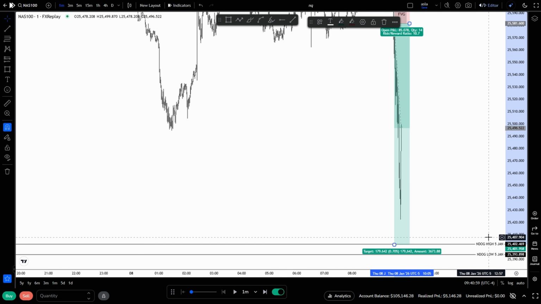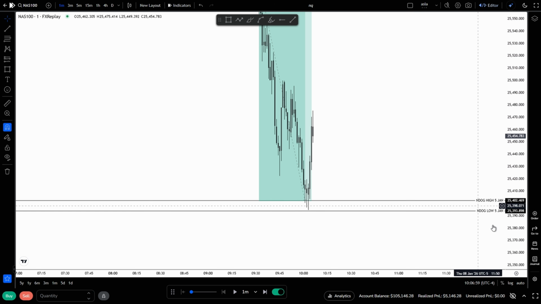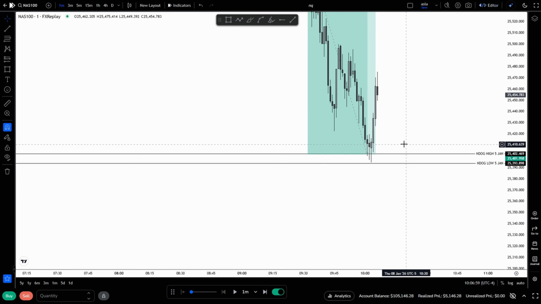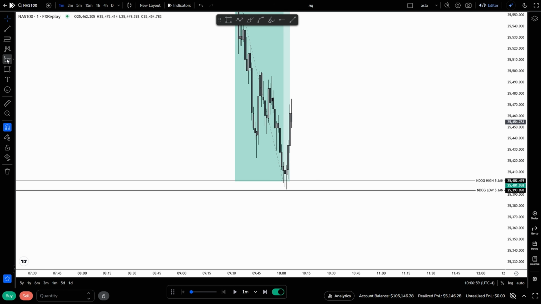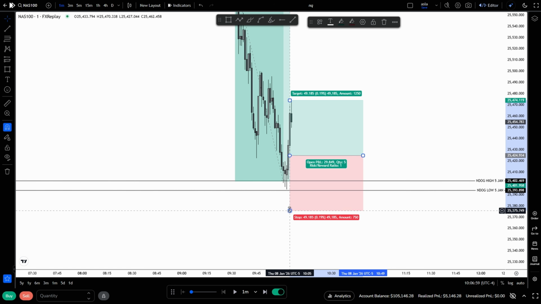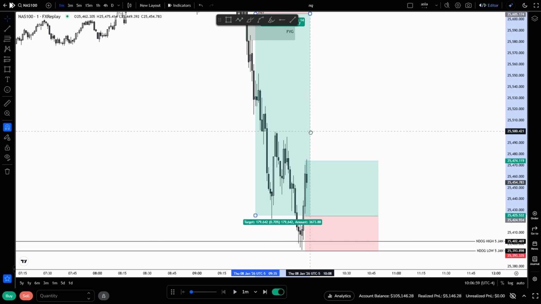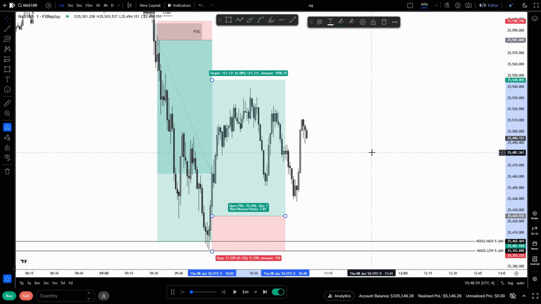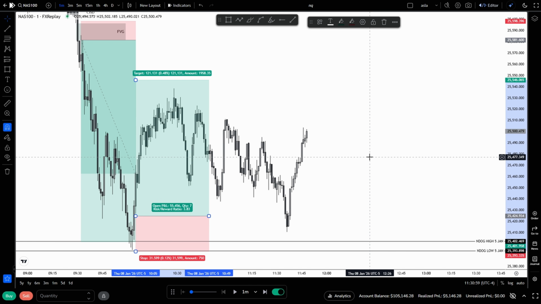Notably, price continues to deliver into the new day opening gap formed on January 5th, respecting it as a key level. This reaction further reinforces the strength of these gaps and highlights their importance in understanding price behavior. In conclusion, the new day opening gap is not just a tool for marking levels. It can be developed into a complete entry model.